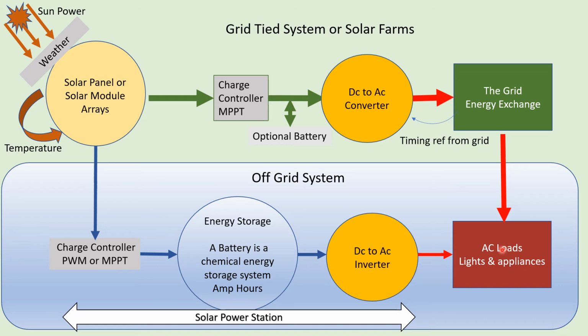Now, I'm not going to get into it today, but with AC loads, you can't multiply the current times the voltage to get the watts used. AC loads will often have something called a power factor.